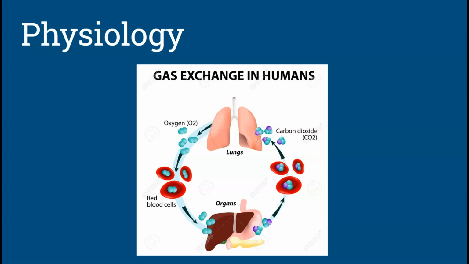And when it does so, it produces carbon dioxide. Carbon dioxide then dissolves in the plasma. Very small amounts of it are actually carried on the red blood cells. They go back to the lungs, and gas exchange occurs again, where now the carbon dioxide is going into the lungs, oxygen is coming back out of the lungs, and you exhale carbon dioxide.